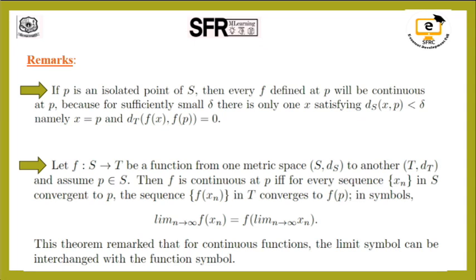The interchange between the limit and the function is only valid if our function is continuous. So this remark says that for continuous functions, the limit symbol can be interchanged with the function symbol.